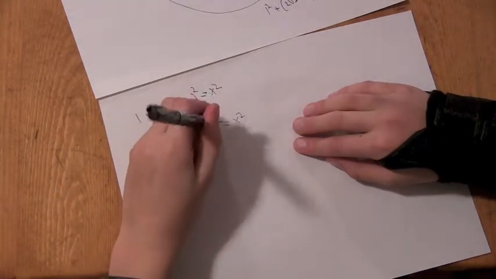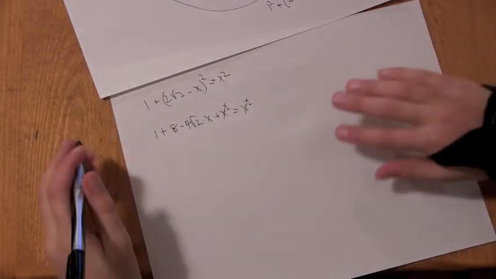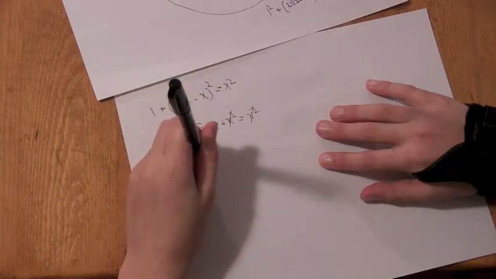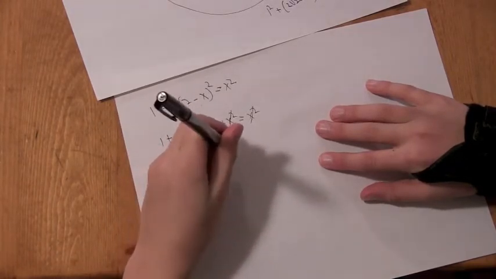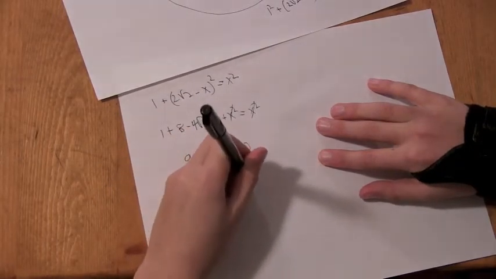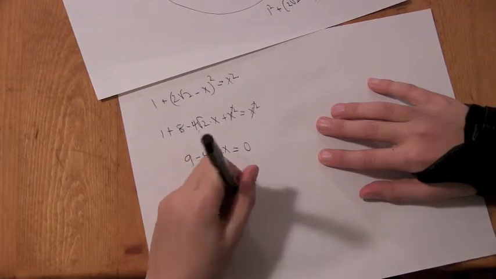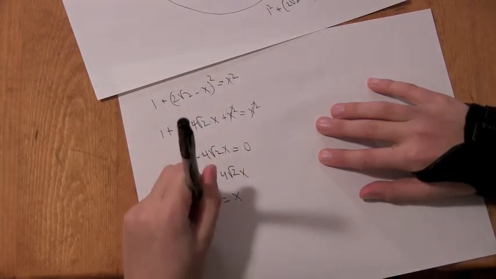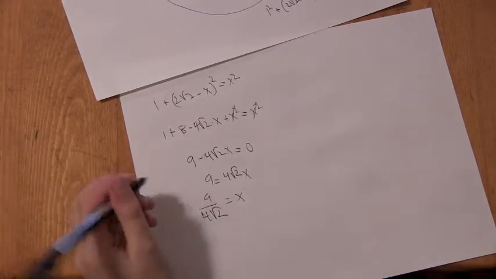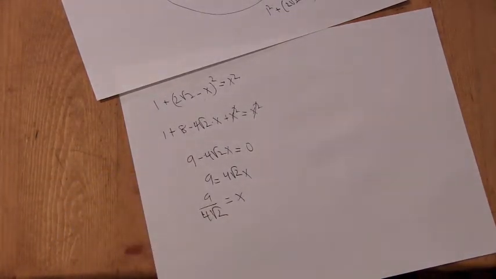So those can subtract out. You get 9 minus 4 root 2 x is 0. So 9 is 4 root 2 x. x is 9 over 4 root 2. Interesting. So that's the radius. Great.